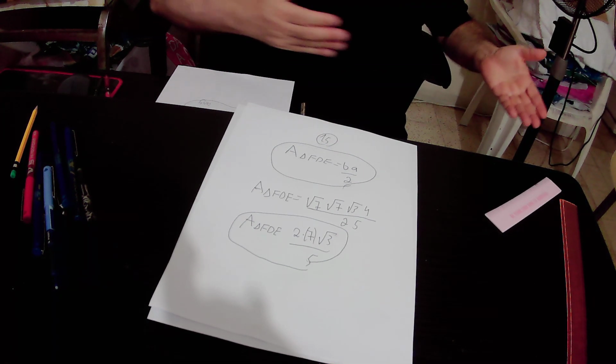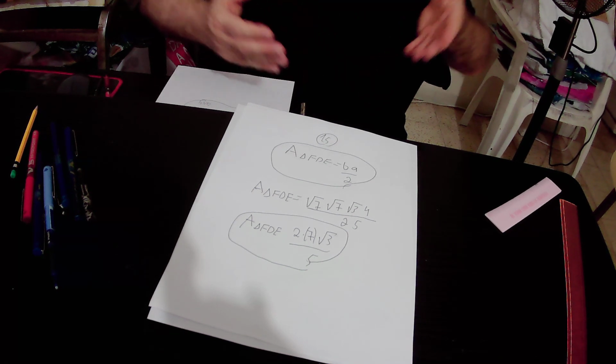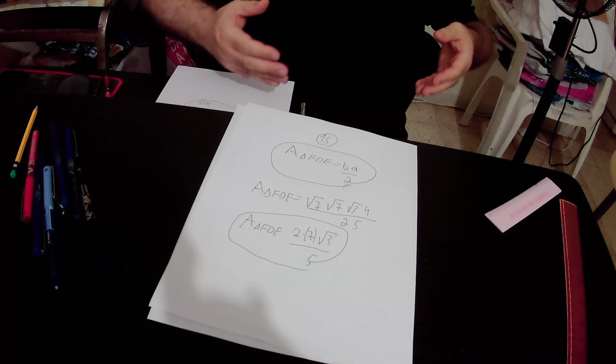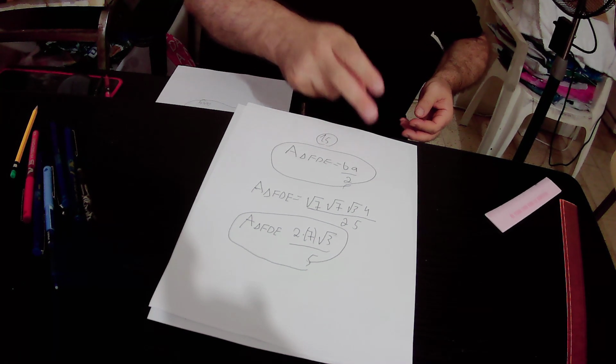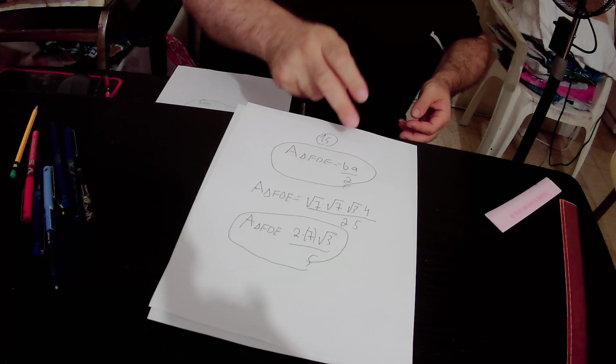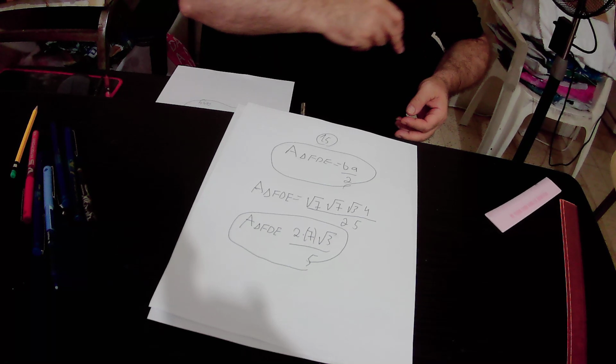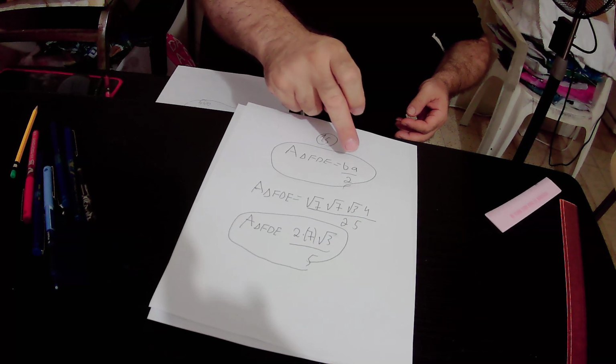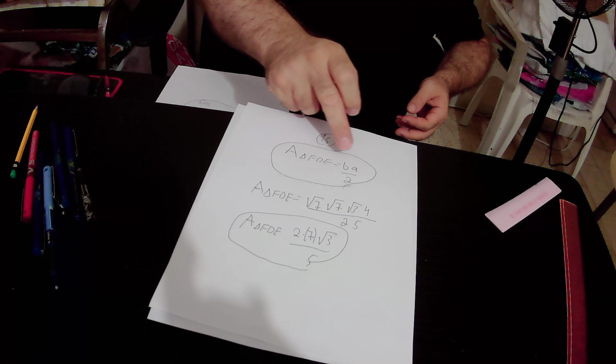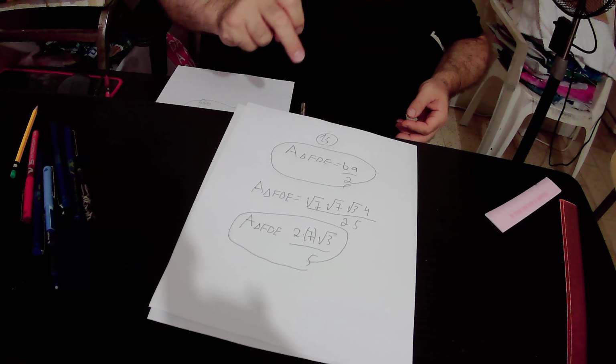So the area of the green triangle equals B times A over 2. The only thing left is to substitute A by root 7 and B by the value we have already found, multiply A by B and divide by 2.